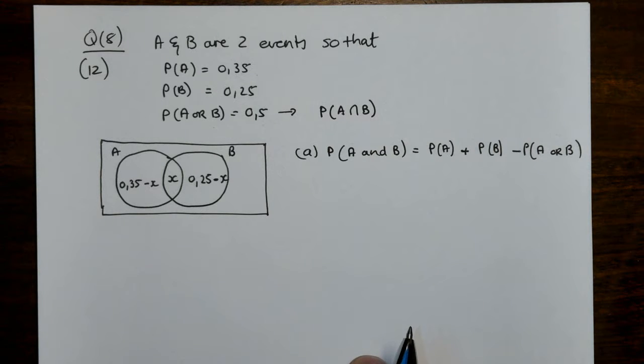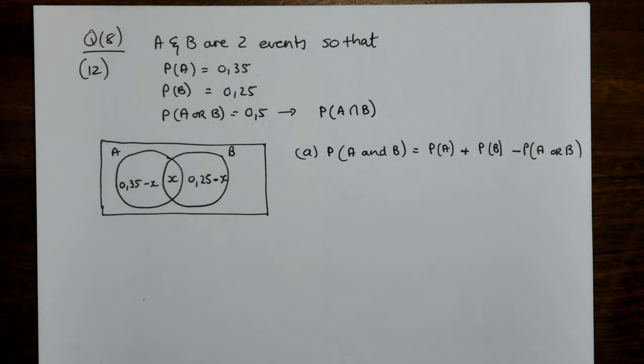Okay, that's usually the rule that we're going to use. Now please remember, they said to us the probability of A or B is 0.5. A or B. So I'm talking about it belonging to either A or to B.